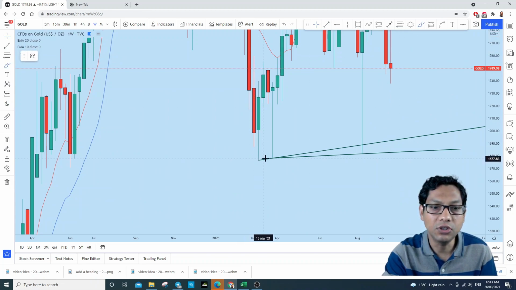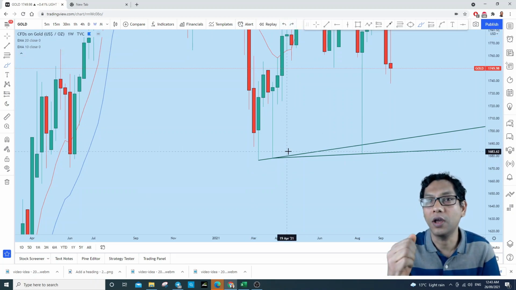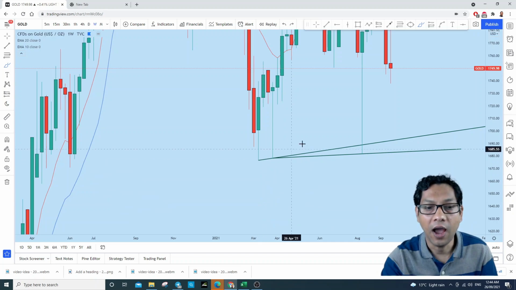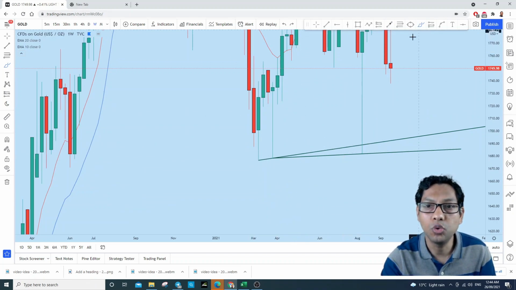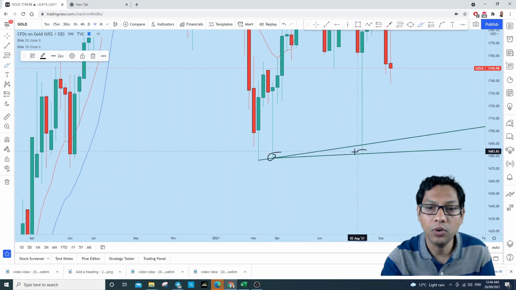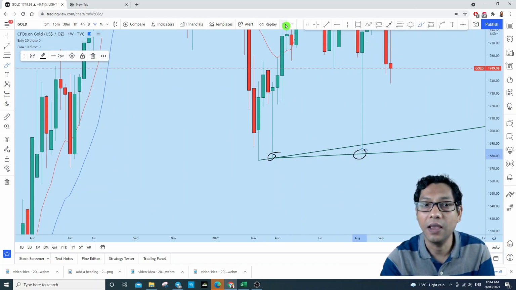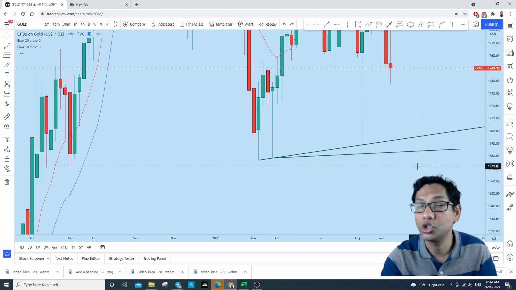Because if we compare these 2 weekly candles, we can see that the buyers are stronger. It created a higher low, bigger than this one. Now if we compare these 2 weekly candles, we can see that the sellers are a bit stronger. That's why we see a slope.